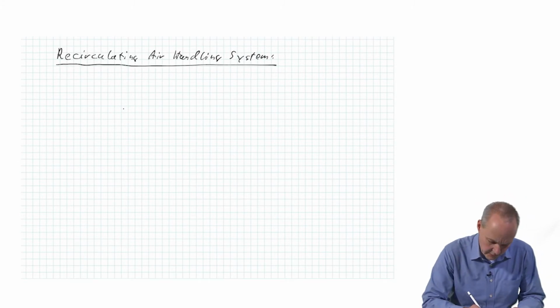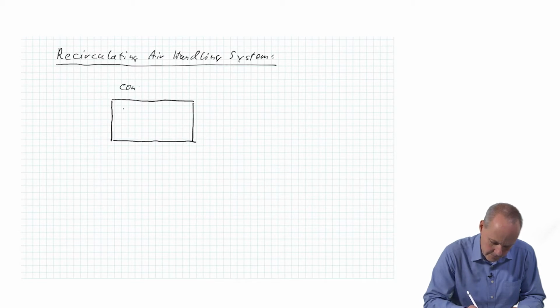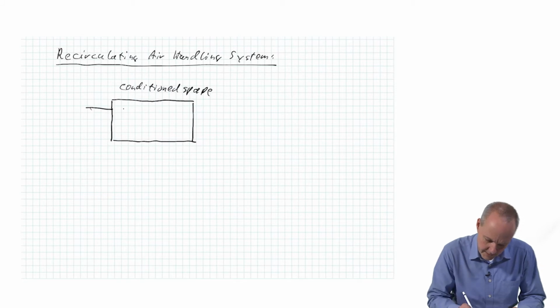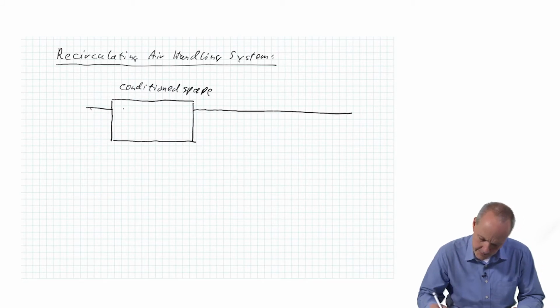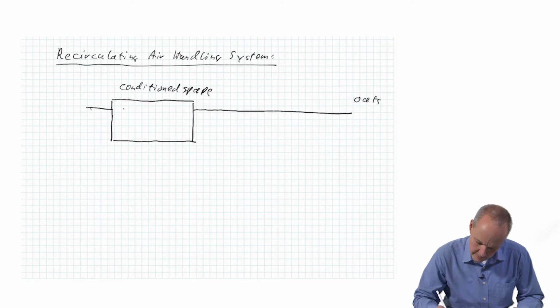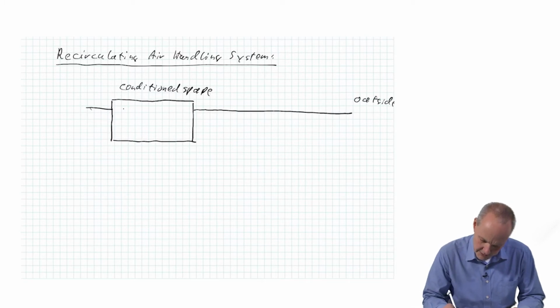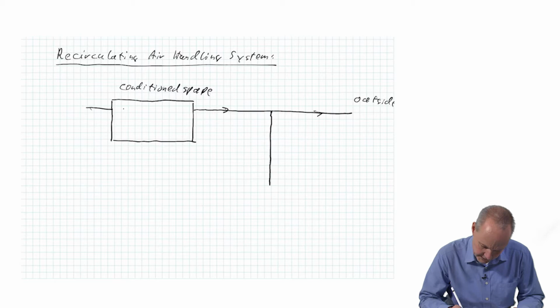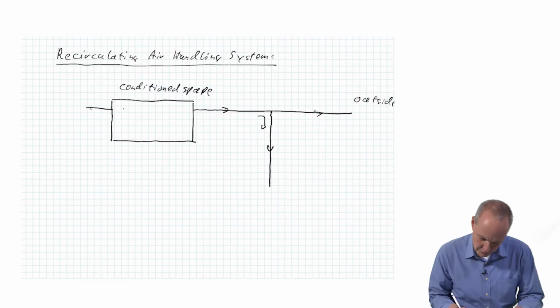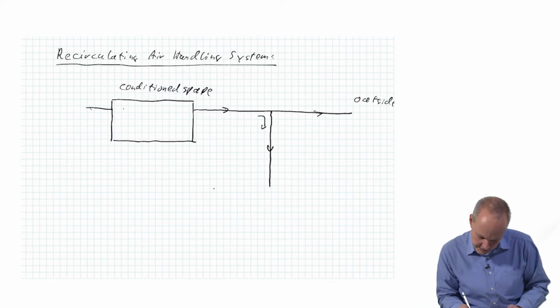Okay, and again we have our conditioned space. We're bringing in air and we're taking out air, and part of the air is discharged to the outside, but we're also splitting off some of the air and have some of the air join the air that we are bringing into the building.